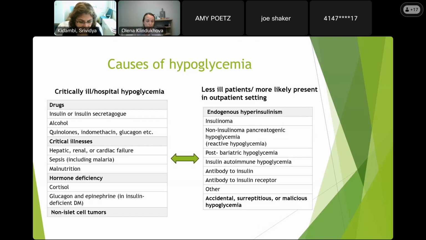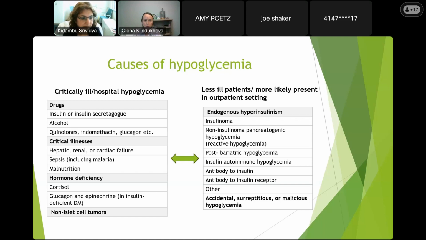A typical hospital presentation in critically ill patients would have the typical causes: obviously insulin or sulfonylureas, alcohol, medications, hypoglycemia of critical illness, renal failure, sepsis, malnutrition, hormone deficiencies.